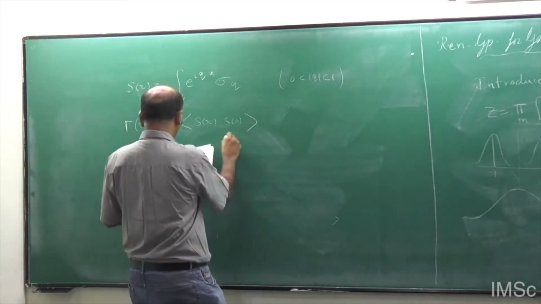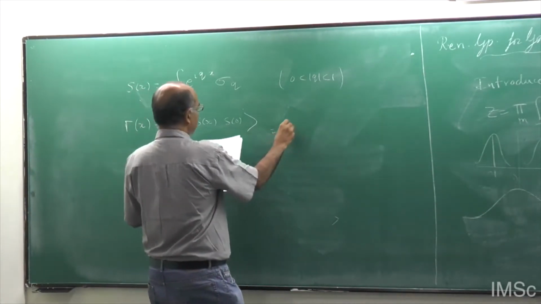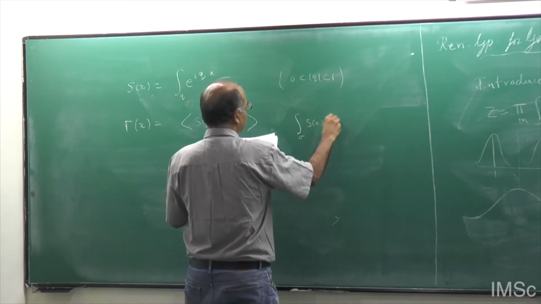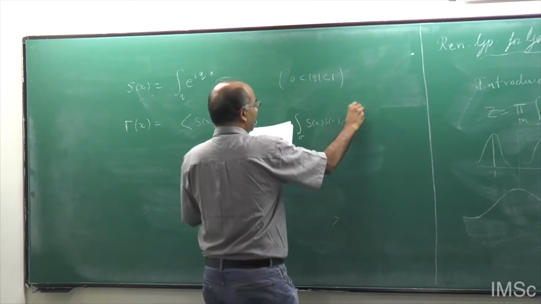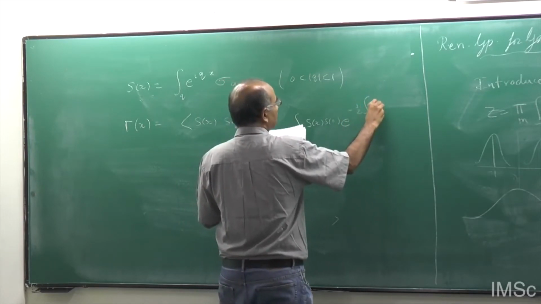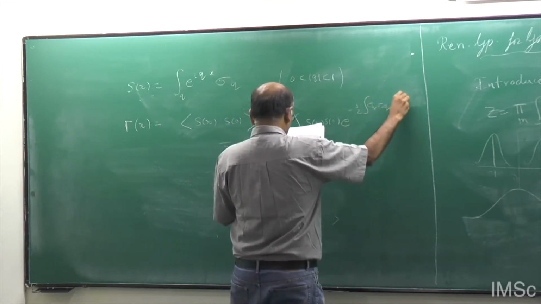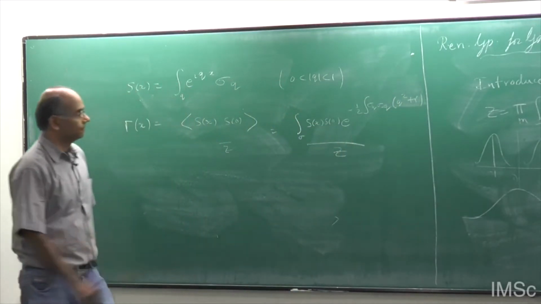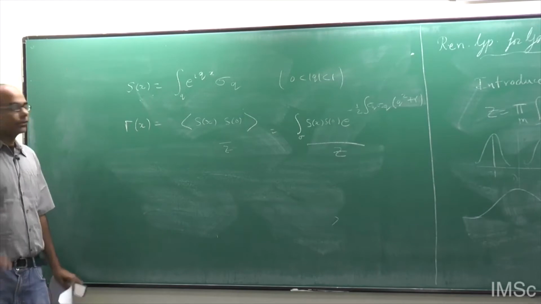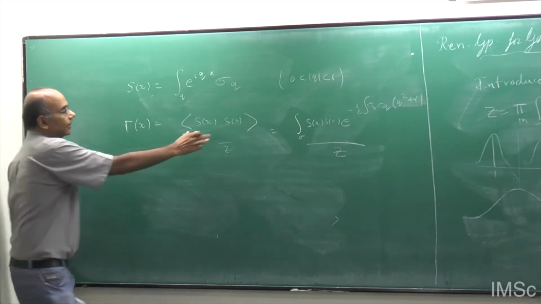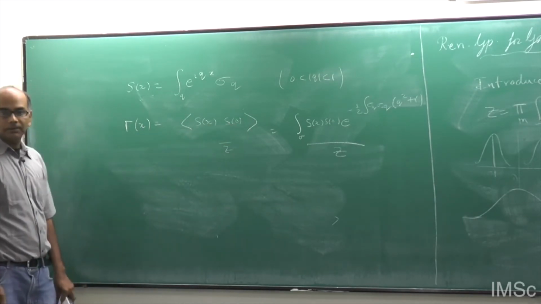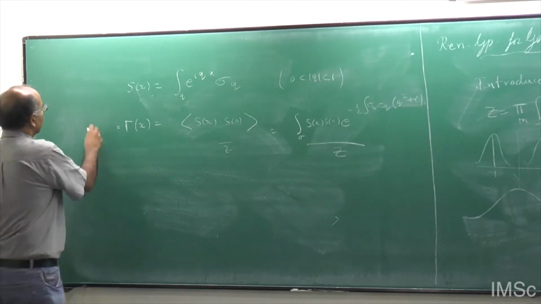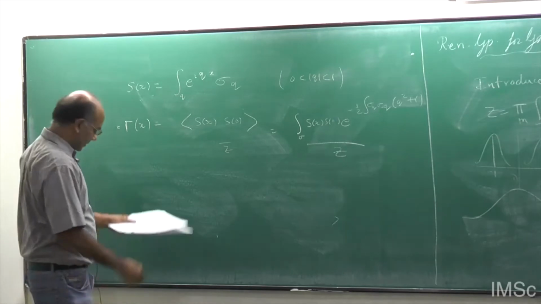And so this will be defined as integral over sigma, S of X, S of 0, e to the power of minus half, sigma Q, sigma minus Q, Q squared plus R by Z. So this is my definition of the 2-point correlation. Let's do it in momentum space.